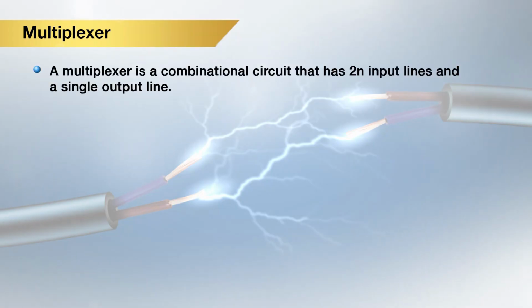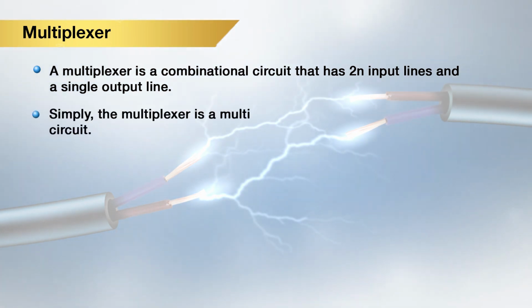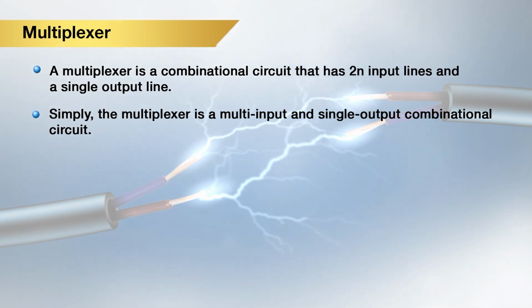A multiplexer is a combinational circuit that has 2 to the power of n input lines and a single output line. Simply, the multiplexer is a multiple input and a single output combinational circuit. I repeat, it's a multiple input and a single output combinational circuit.